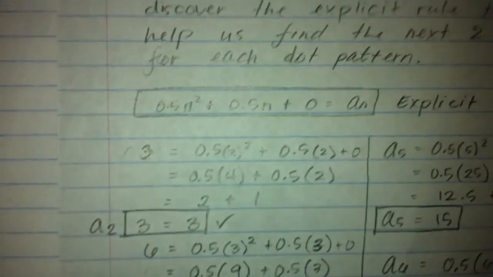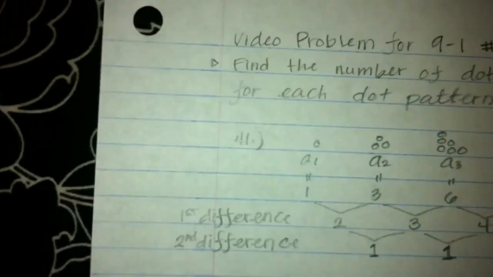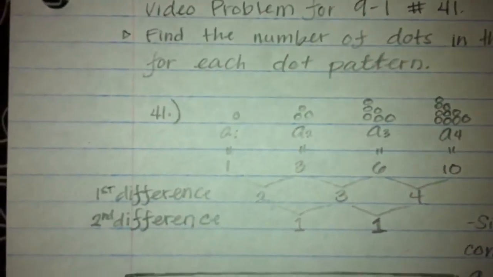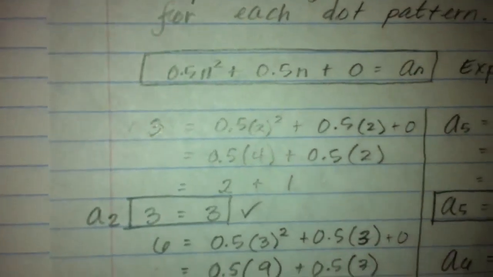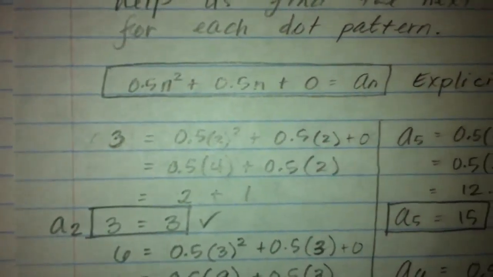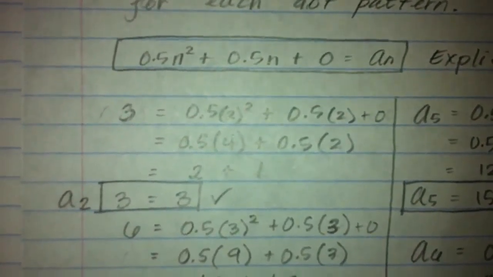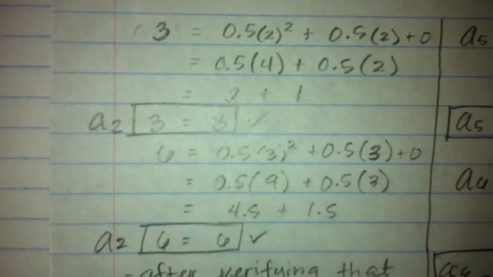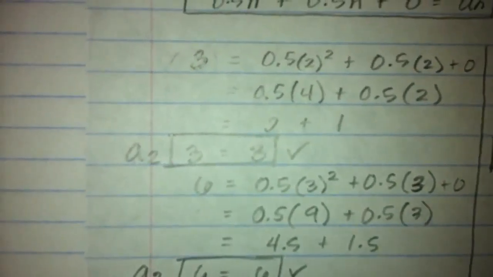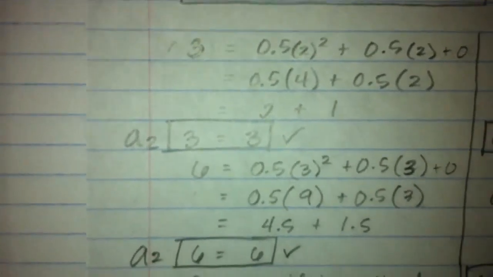Now here what you want to do is verify it. So when you plug in the a2 value, you would have the 3, and then the 2 is going to be in the nth place. Then by going through the process, you'll find that a2 is true because 3 equals 3.